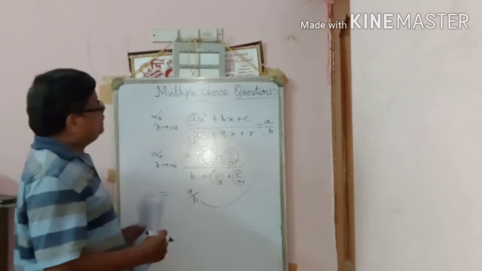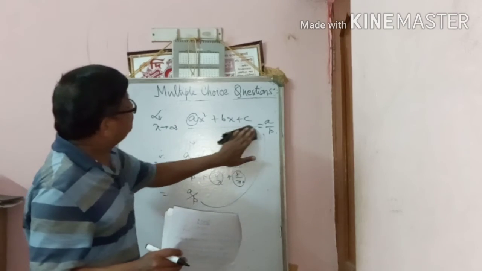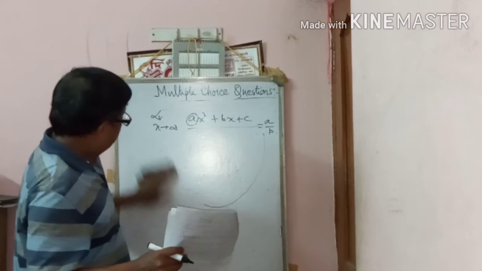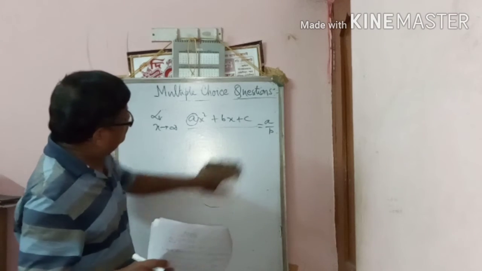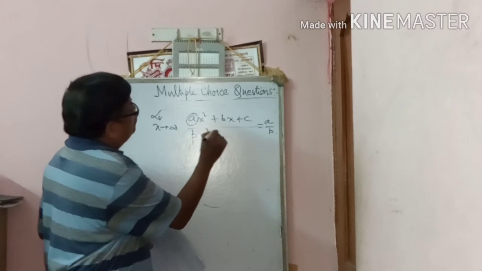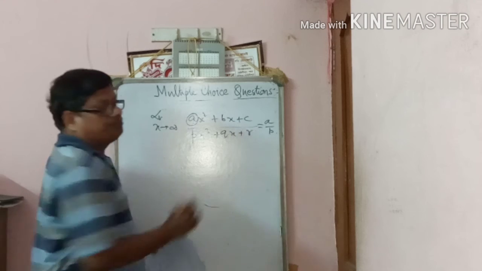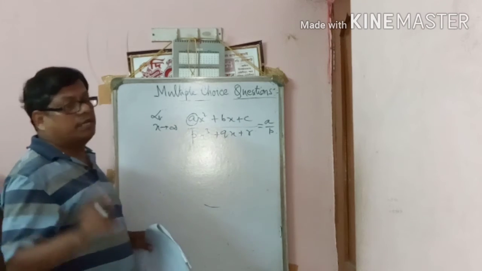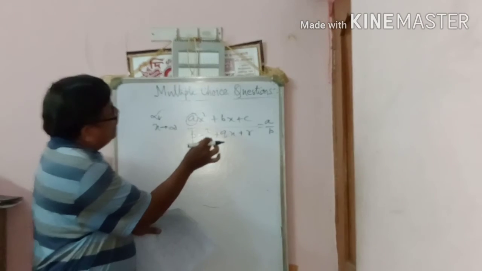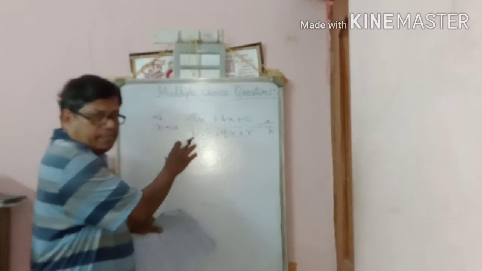Suppose the denominator is px cube plus qx plus r, so the answer will be 0. Here the x square coefficient is a, and the x cube coefficient p is given.